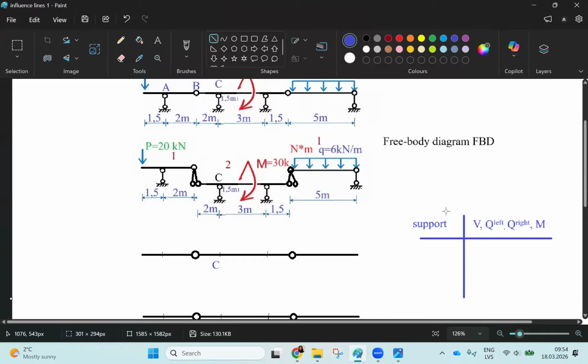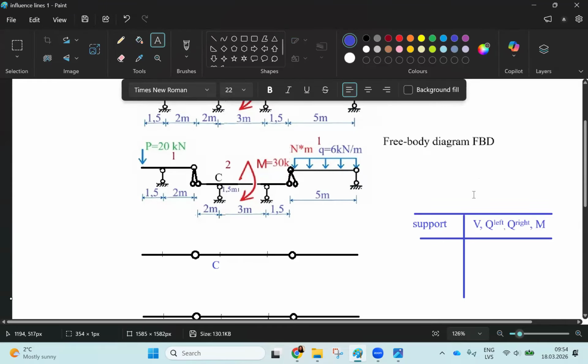For the support, that's the most complicated, I can say. So this is the type of influence line we can draw.